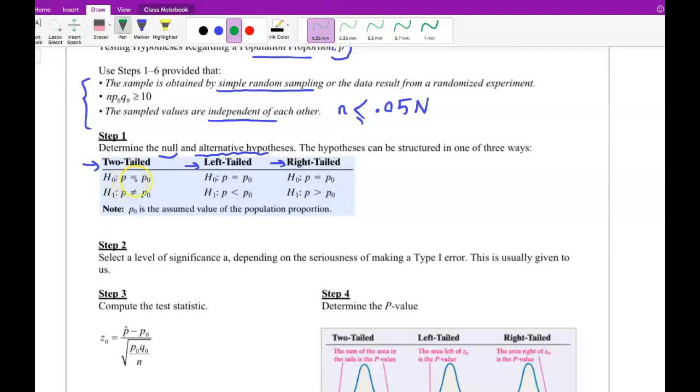So p is equal to p0, that is our H0 or null. Here we have the alternative. Since we have two-tailed, this is not equal to. Now for left-tailed, we have less than. And for right-tailed, the alternative is greater than.